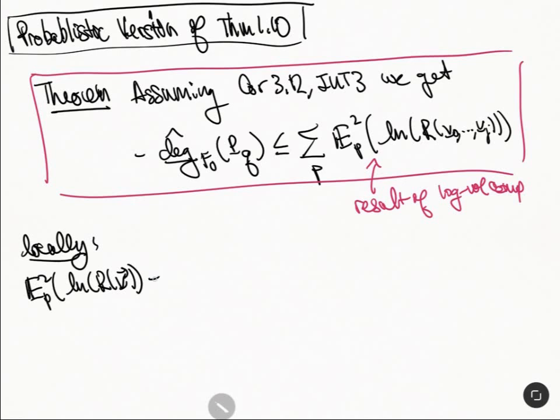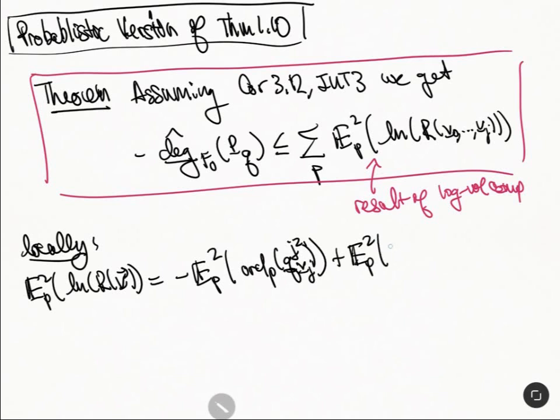But what we get is that there's this minus here. So there's this thing. I think we call this the first term. Then there's the different term. Sorry, this is the different.